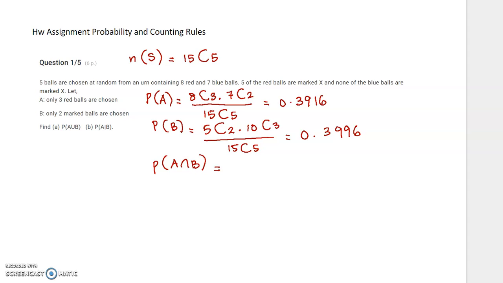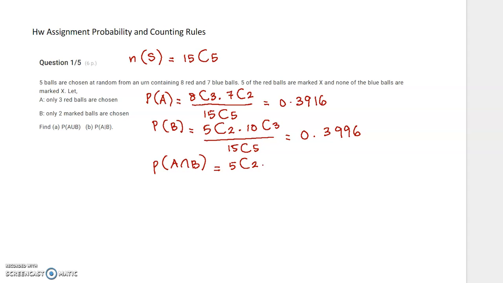The marked balls you have to choose from the 5 red balls, so 5 C2. This means these 2 are marked balls. You have already chosen your marked balls, because there are no marked balls among the blue balls. So you have to choose your marked balls from the red ones. So you have taken 2 marked and red.